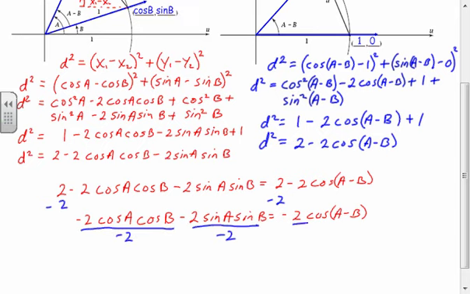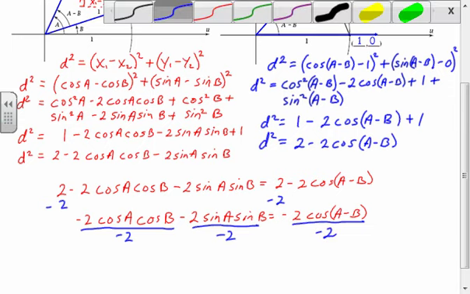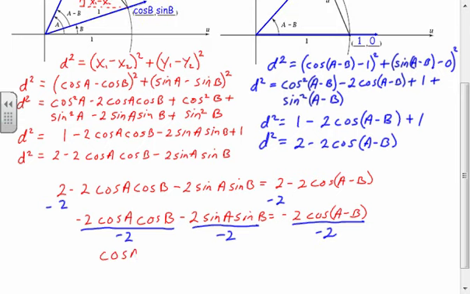All these terms were negative, and now they're all going to be positive, and the 2's are all going to go away. So let's see what we get here. Cosine A cosine B plus sine A sine B is equal to cosine A minus B.